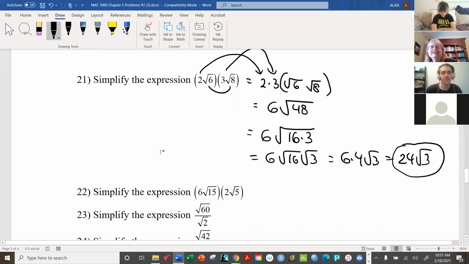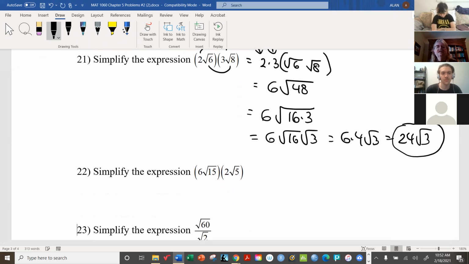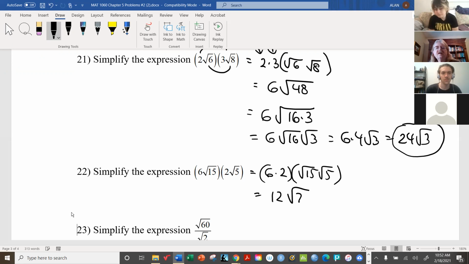Okay, so now let's see, what about this one? So we'll multiply the constants and the radicals. So we'll have 12 radical 75. Oh, look at this.